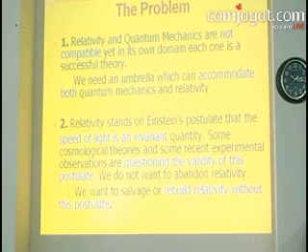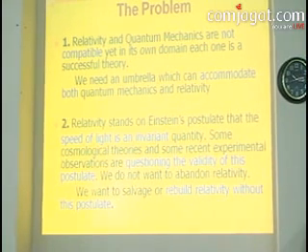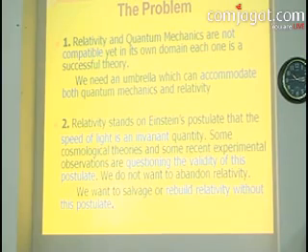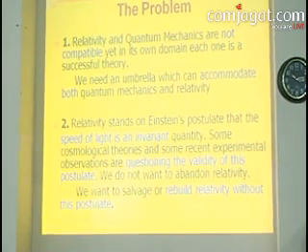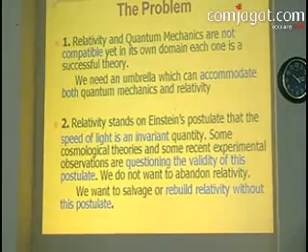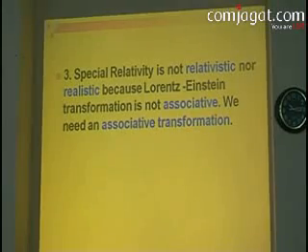Some cosmological theories and also some recent observations question the validity of this postulate. We will be very happy if we can develop the same theory or a similar theory.